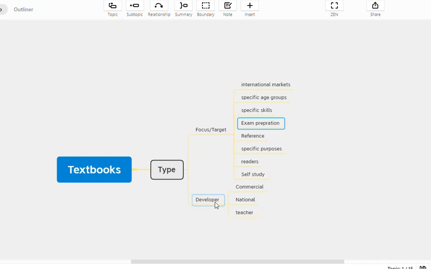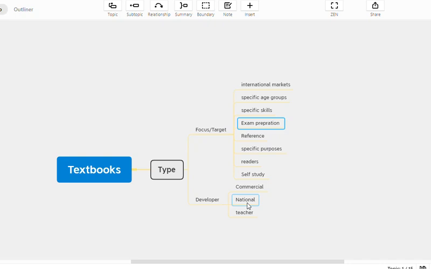The textbooks are mainly commercial textbooks. Commercial textbooks are usually developed and designed by a publisher, and they are used by teachers, practitioners, and learners around the world. And some textbooks are national textbooks.